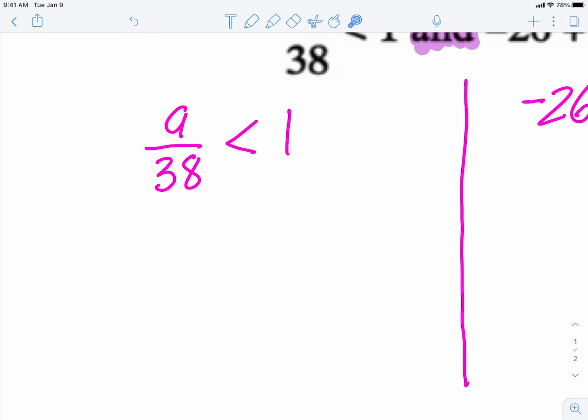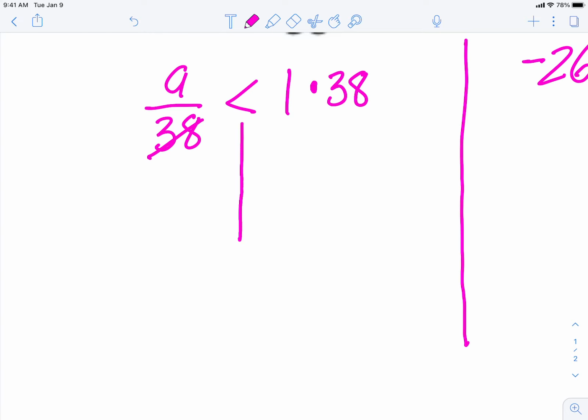So I see this as A divided by 38. So the opposite of dividing by 38, actually, what did I forget to do first? My line of separation, right? So now the opposite of dividing by 38 will be multiplying on this side by 38. So I'm going to cross out 38 here, and I'm going to multiply by 38 on the right.